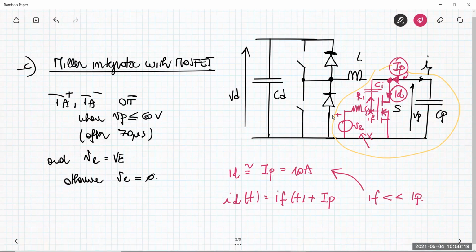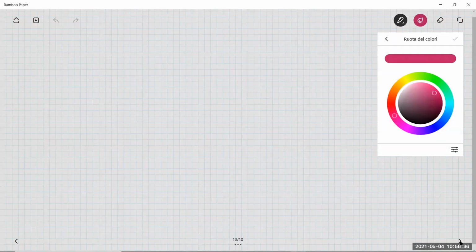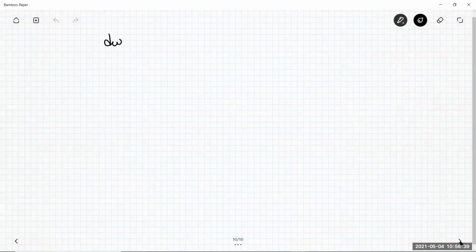Okay, so that situation exploits the Miller effect, and exploiting the Miller effect means that basically the voltage across the gate and the source is basically a constant voltage due to this effect. Okay, so due to the Miller effect, VGS basically is a constant voltage.